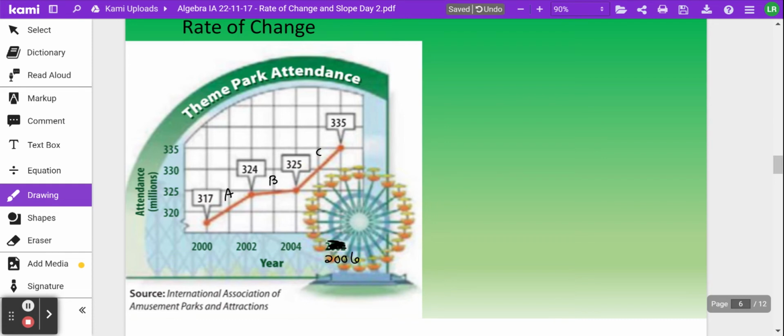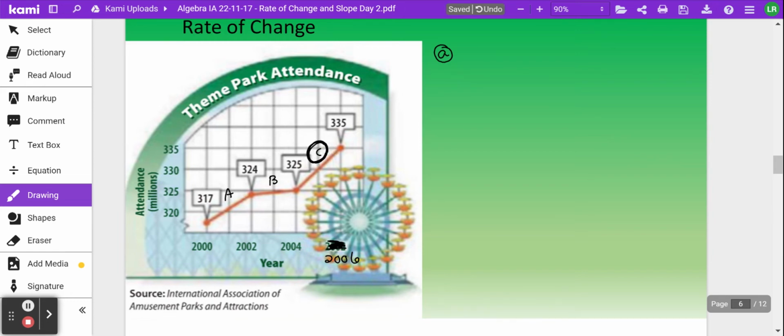Now, what I want you to think about first is where is the rate of change the biggest? And when we're doing that, we should be thinking about where is the steepest part of the graph? And if you look at this one visually, the steepest part of the graph is this section, C.